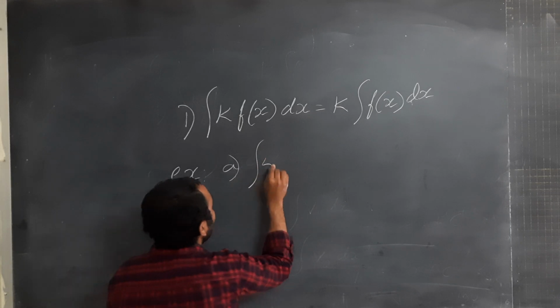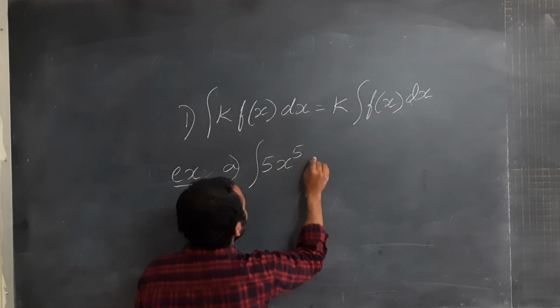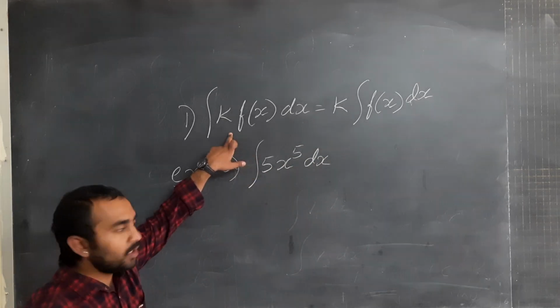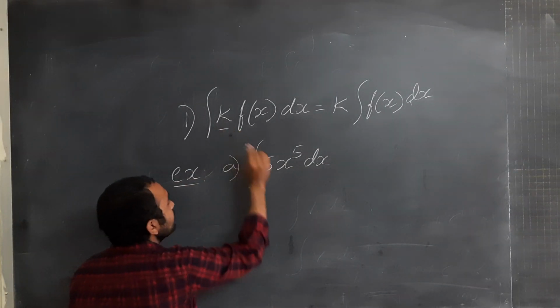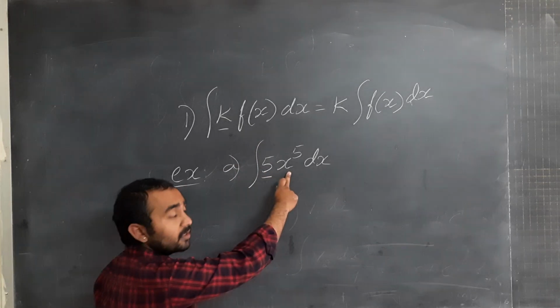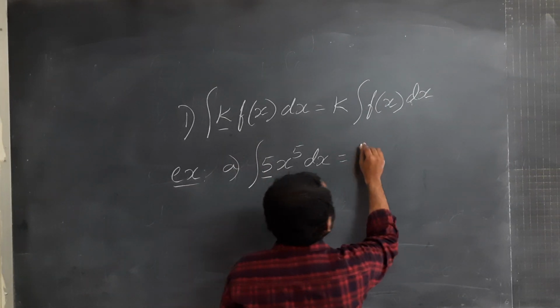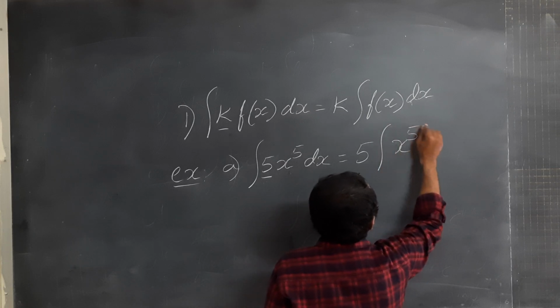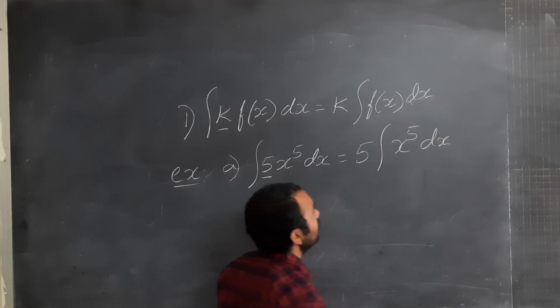Integral 5 into x power 5 into dx. If we compare with the standard, here the constant is 5 and the function is x power 5. So we can write this as 5 outside integral x power 5 into dx.